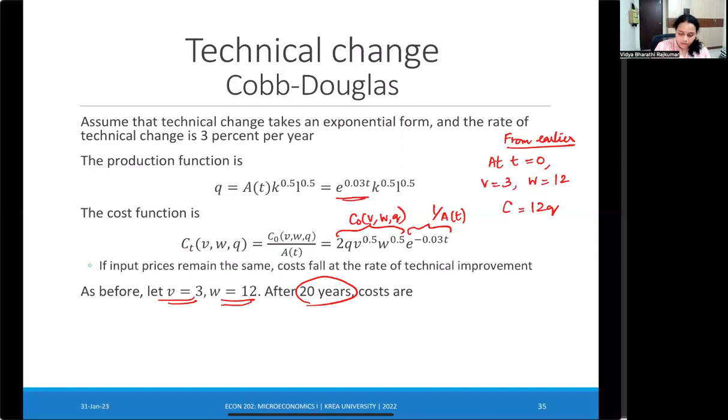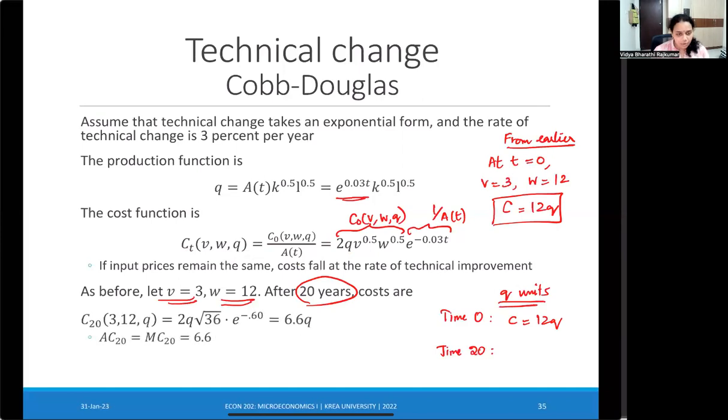So we're looking at producing Q units of output. We're looking at time 0, and we're looking at time 20. Well, at time 0, we know that the cost is 12 times Q. Let's see what happens in 20 years.